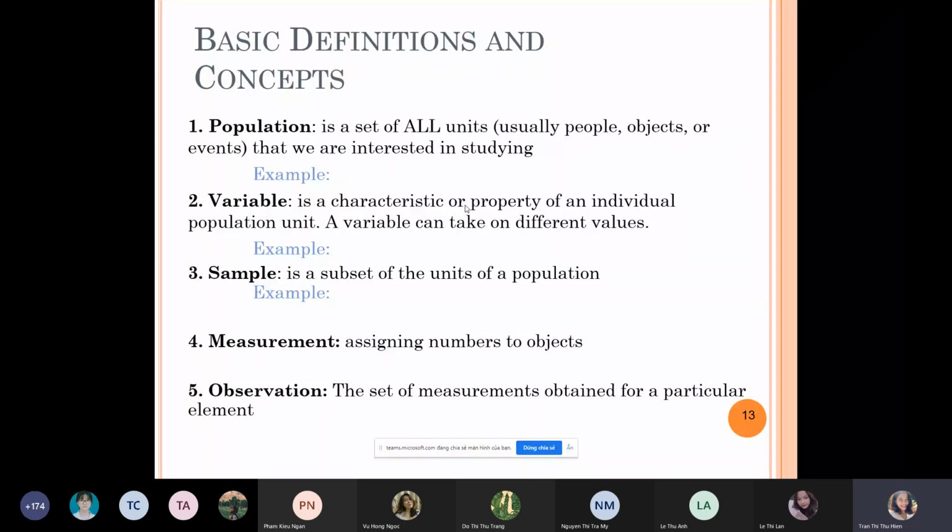So the larger group of elements in a particular study is called the population, and the smaller group is called the sample. When I give you an example, can you help me define which is population and which is sample?